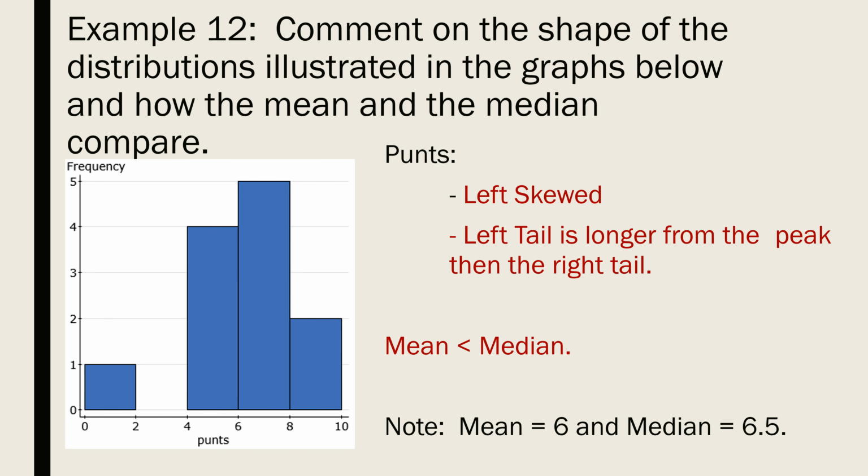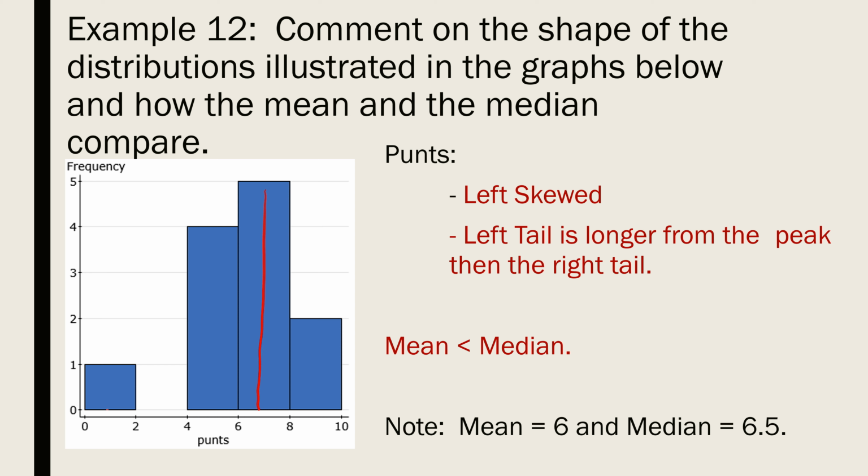Example 12. From the last video, we have learned how to determine whether a distribution is left skewed or right skewed. This one is left skewed. This is another method we can use to determine whether it's left skewed or not. If it's left skewed, the left tail is longer from the peak than the right tail. So this is the peak, right?